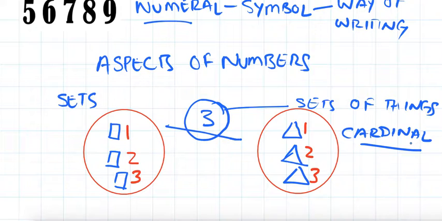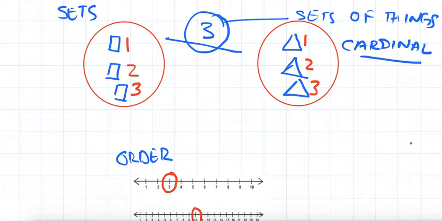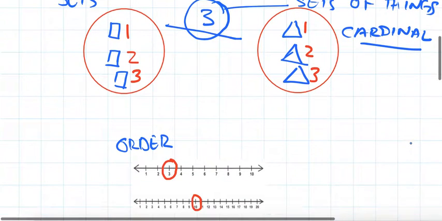We also see numbers used to put things in order, like a number line, for example, or say page 3 of a book, which comes after page 2 and certainly comes before page 4.